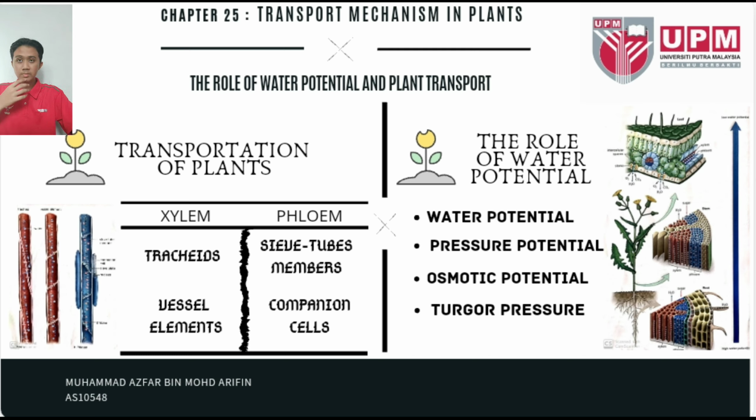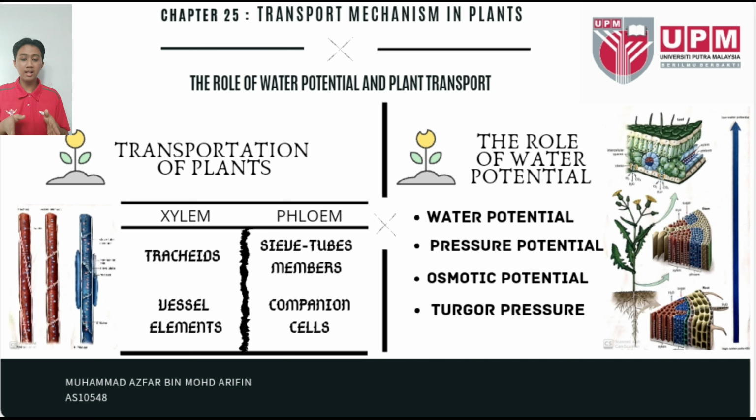The terms of diffusion of water are also used in water potential theory, which describes that water always flows passively from the area of higher water potential to the area of lower water potential. In addition, water potential involves water pressure in addition to osmotic pressure.